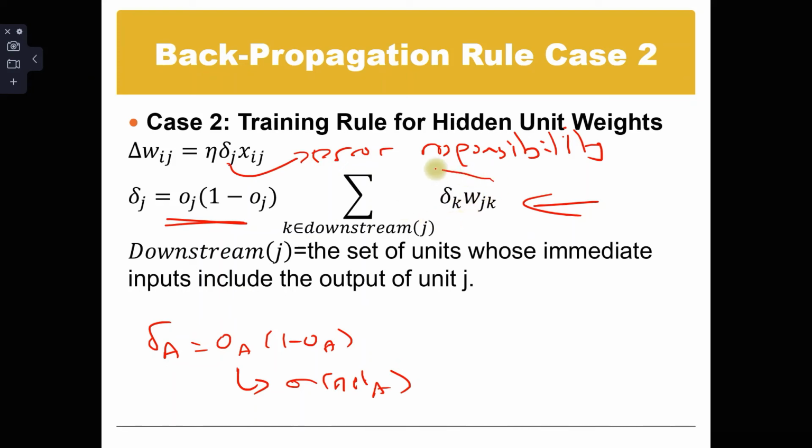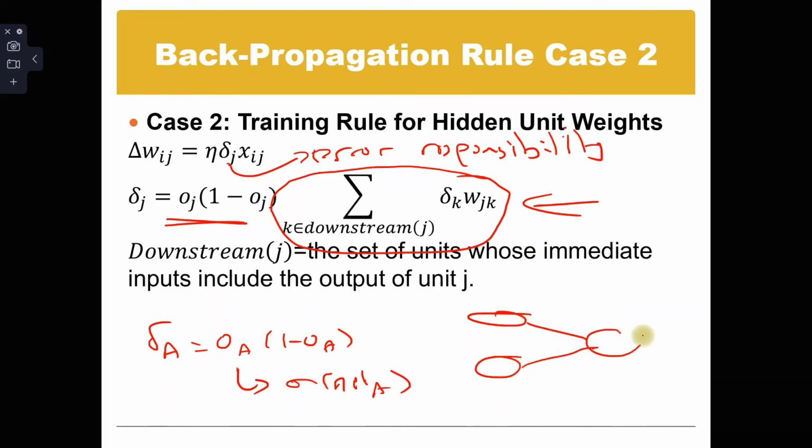Let's talk about that. This is where you have to be careful, because in our example you had two hidden nodes that were connected to one output node. But as I said to you, it may happen that you have more than one output node.